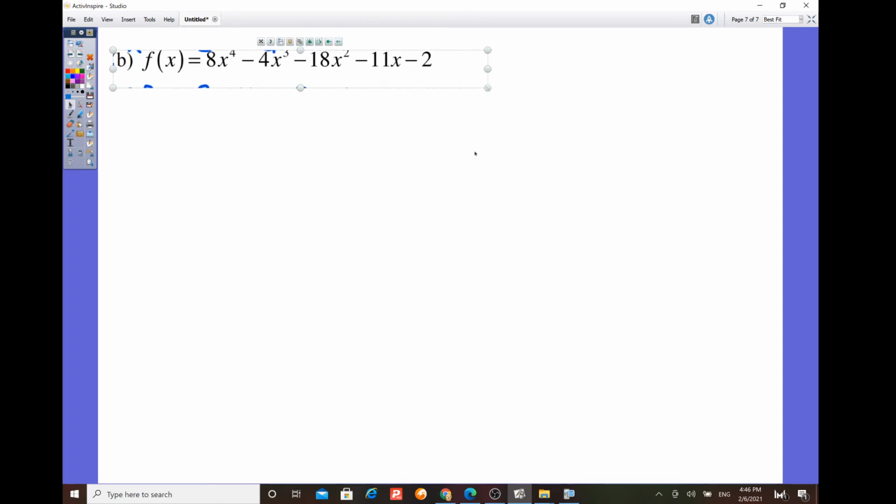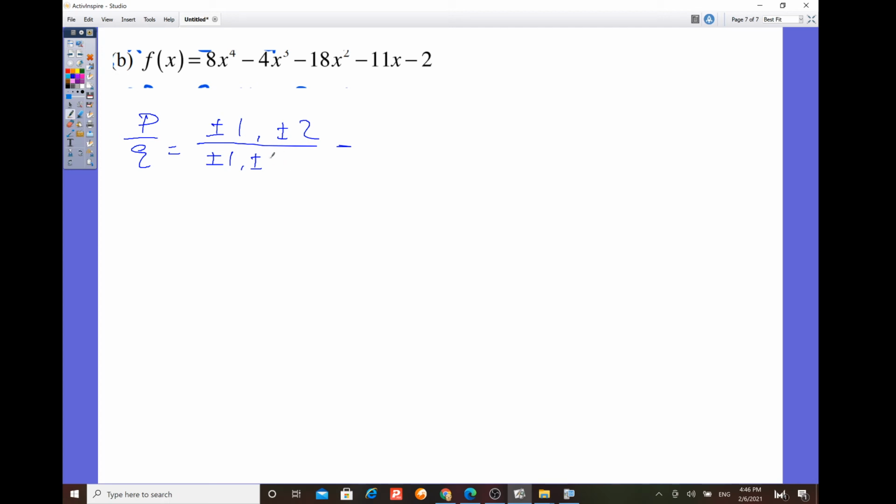Okay, so what we got here, so started with that p over q, the rational zero theorem. So again, p is all the possible factors of the constant term, negative 2. So negative 2, we got plus minus 1, plus minus 2. And then q, that would be the possible factor of the leading coefficient, which is what?